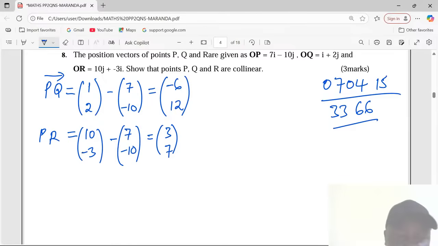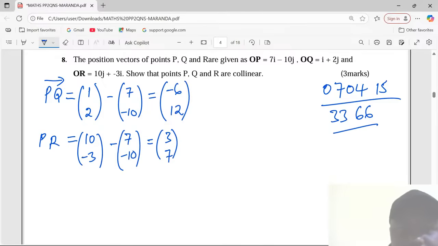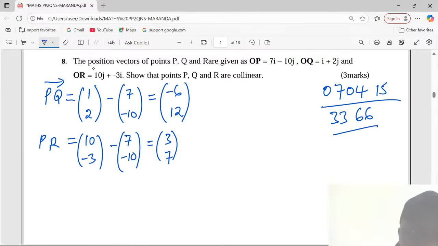That's why there was an issue. In this vector OR, the coordinates of j are coming before i.